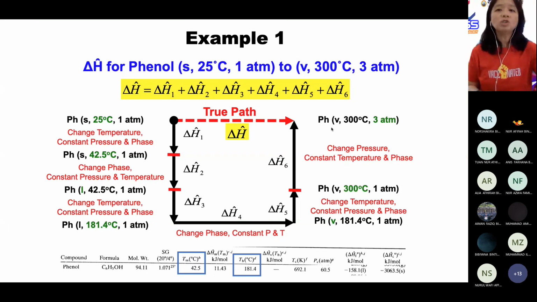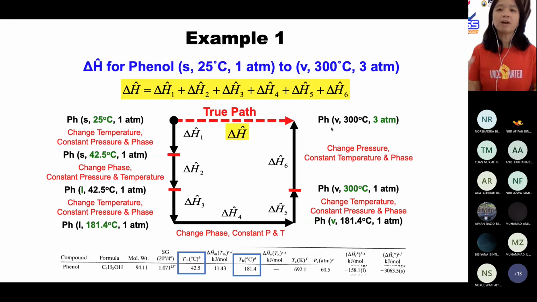And then when you want to change solid to liquid, you tak boleh sebarangan tukar kan. Kamu kena, contohnya pada solid kepada liquid, it will only change phase, dia akan hanya bertukar fasa pada melting temperature. Meaning saya kena bawa solid phenol saya ni kepada melting temperature saya, dia jadi liquid kan. Okay, liquid ni saya kena bawa lagi kepada vapor temperature saya, which is my boiling temperature, baru dia jadi vapor.